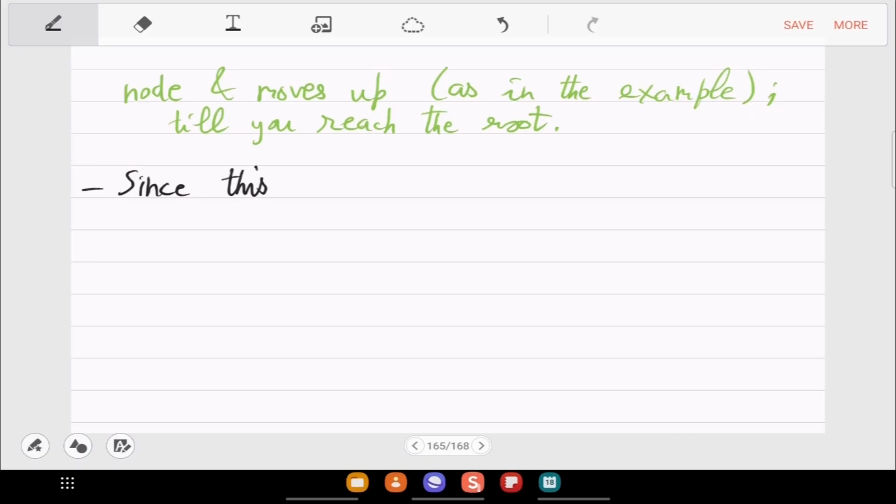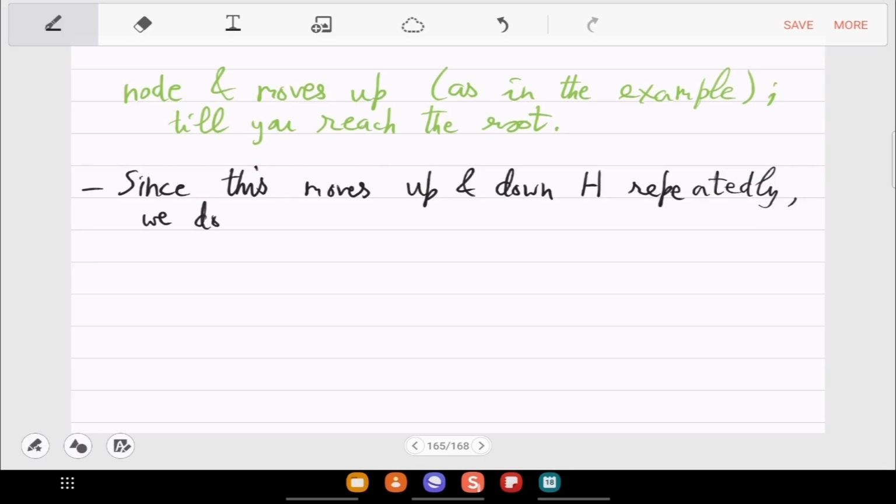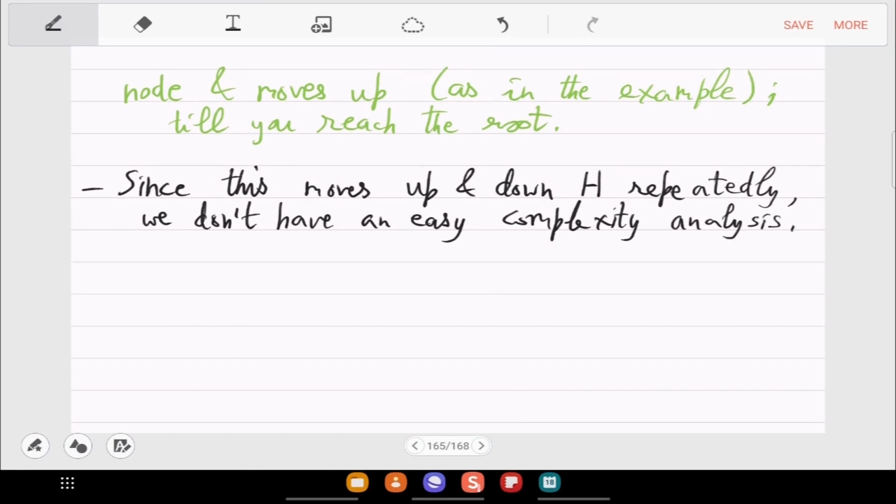Since this moves up and down H repeatedly, we don't have an easy analysis. So the complexity analysis is tricky.